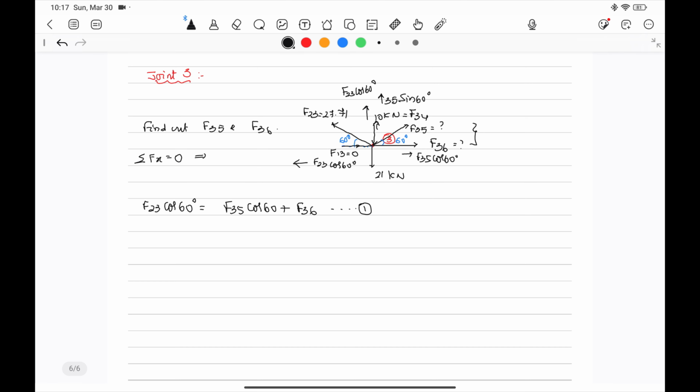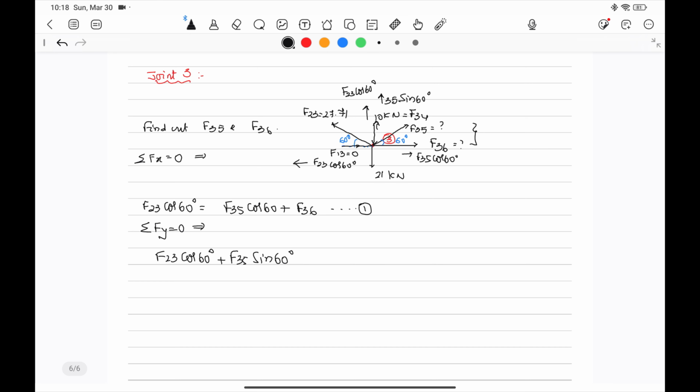Then we go for sigma Fy is equal to 0. It implies upward is equal to downward. What are the upward forces? F23 cos 60 plus F35 sin 60.